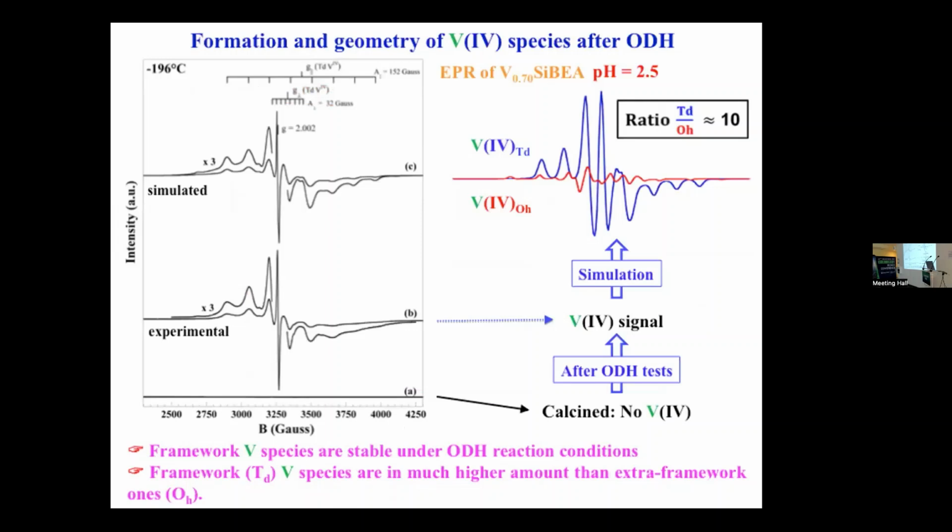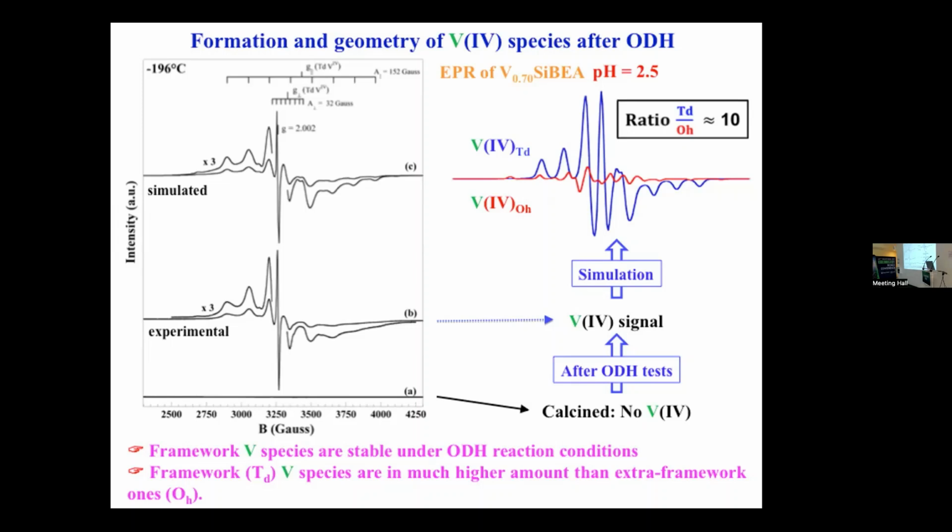Now, because we use this catalyst for oxidative dehydrogenation of propane, I would like to show you by EPR spectroscopy the situation in this zeolite when we calcine it. We have no EPR signal because vanadium is in the V5+ state. After the ODH test, what happens?